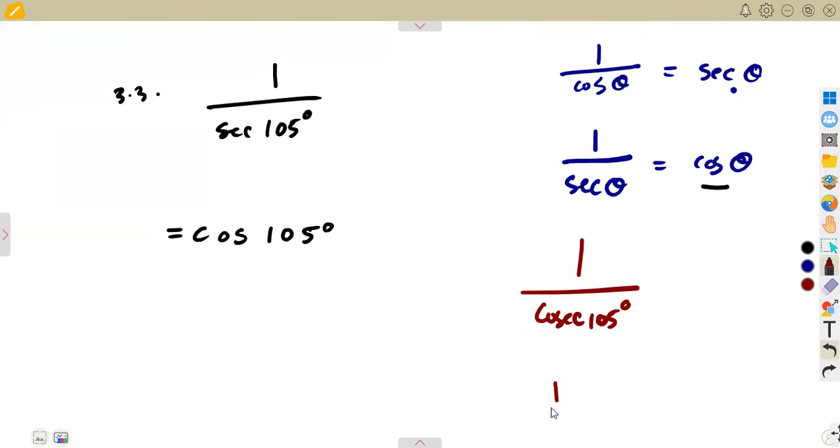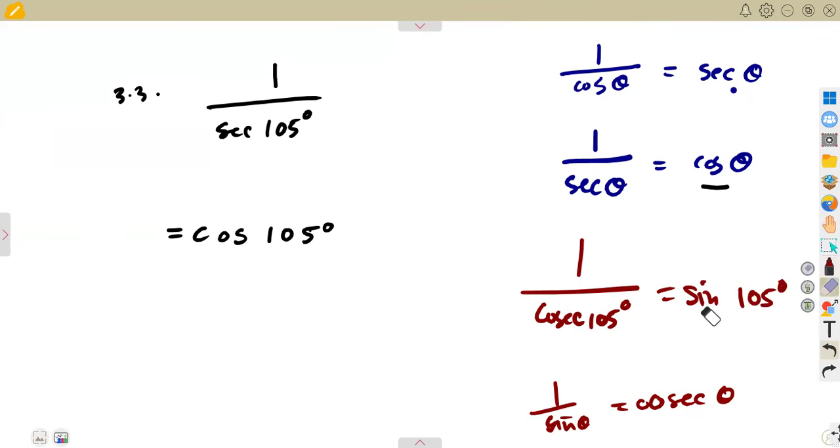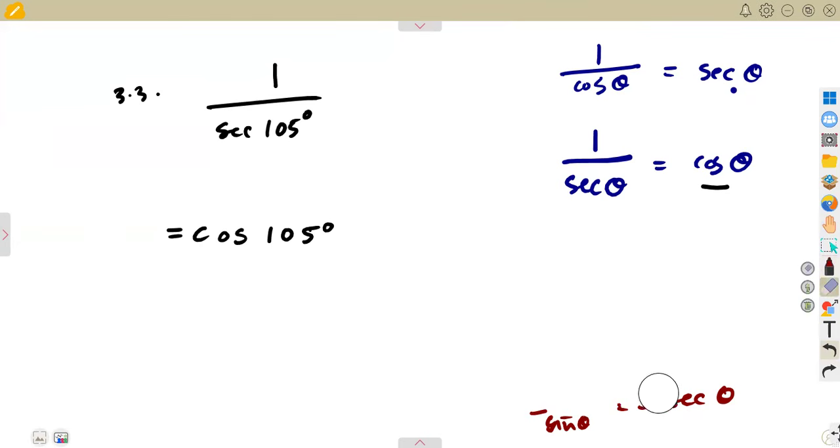If you know that 1 over sine of theta gives you a cosec of theta, it means also that 1 over a cosec is a sine. So instead, the question is asking you to simplify sine 105. Look how they are trying to confuse you because you are used to these typical questions. Remember your double angle identities.